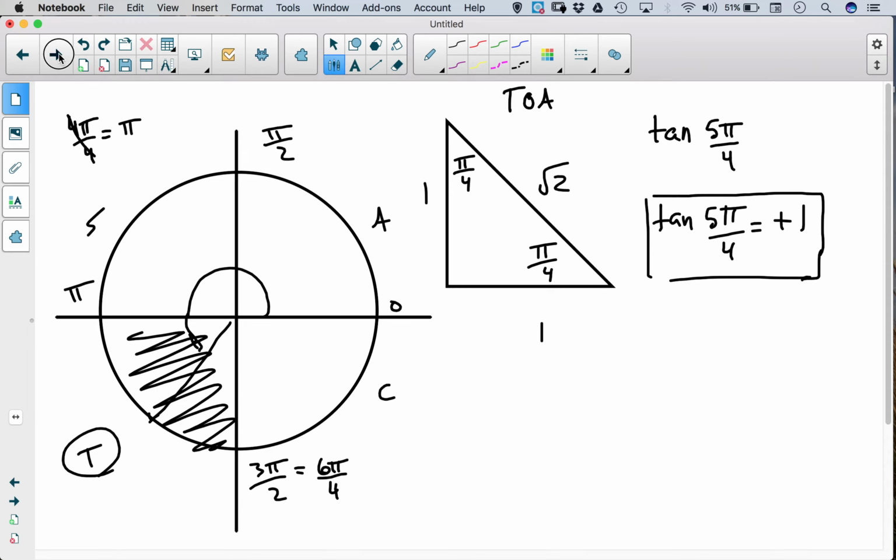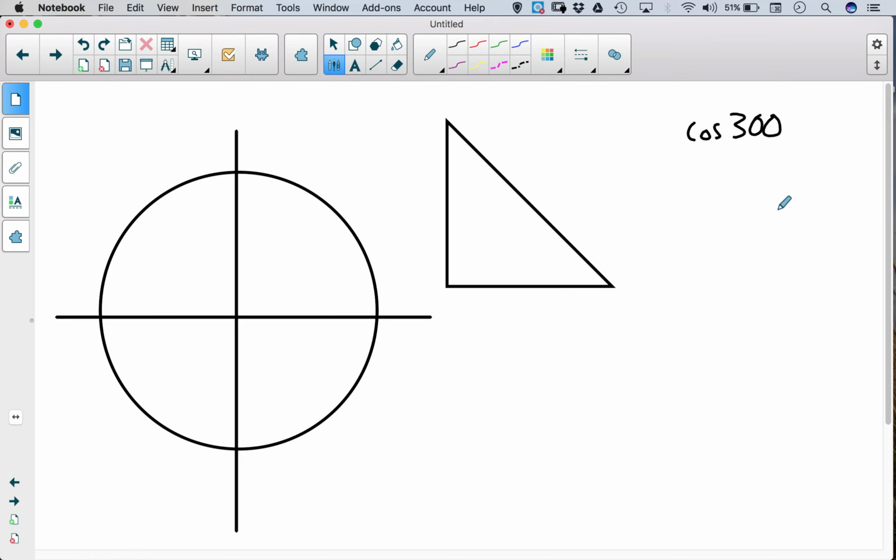Moving on to our last and final example, the cos of 300. So this one might be a little ambiguous when we're talking about 60-degree angles and 30-degree angles. And it's good to kind of wrap your head around this little bit. So this is an exception, not necessarily an exception, but an extra small detail that we should be able to pay attention to.